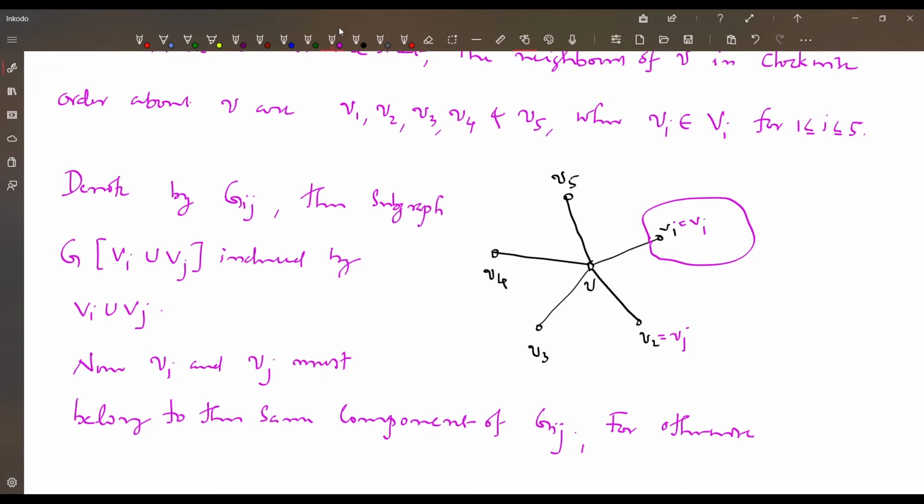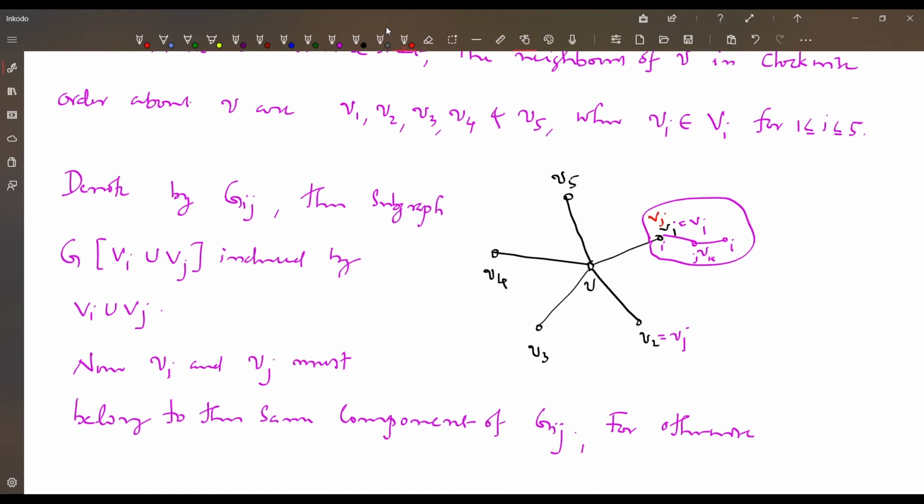Then you have vertices like this, where the color of this is i and the color of this is j and the color of this is i, etc. Then you recolor this by interchanging the colors i and j, so that this will become Vj.